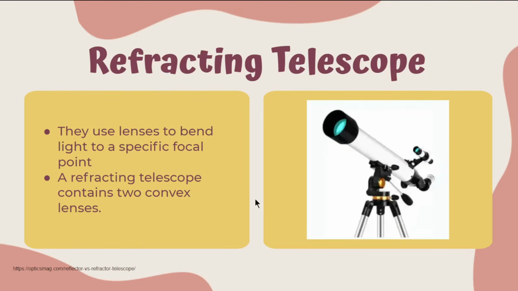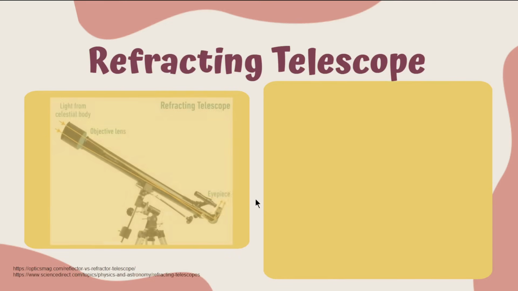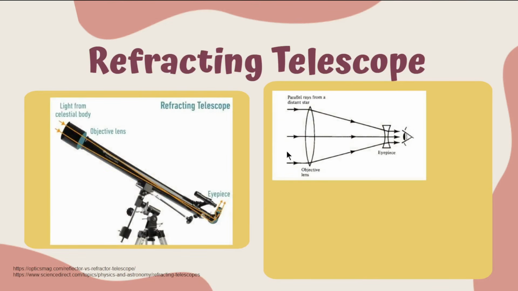On the other hand, for a refracting telescope, again, lenses will be used. A refracting telescope, yung mga modern refracting telescope, gumagamit sila ng two convex lenses, but the old ones would have one convex and one concave. Katulad nito. Okay, so this is a ray diagram of the old telescope invented by Galileo Galilei. So the objective lens would be convex, but the eyepiece would be concave.